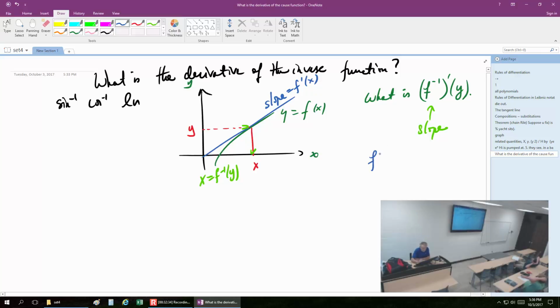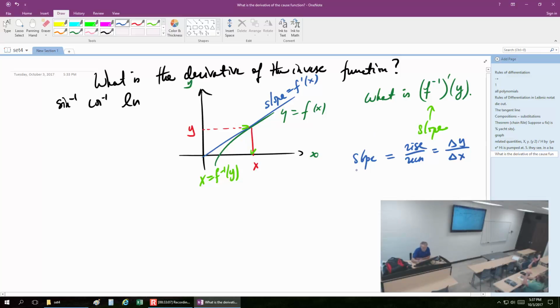So f prime of x is equal to, well, let's just write it in terms of the slope, which is rise over the run. So this will be the change of y over the change of x, right?